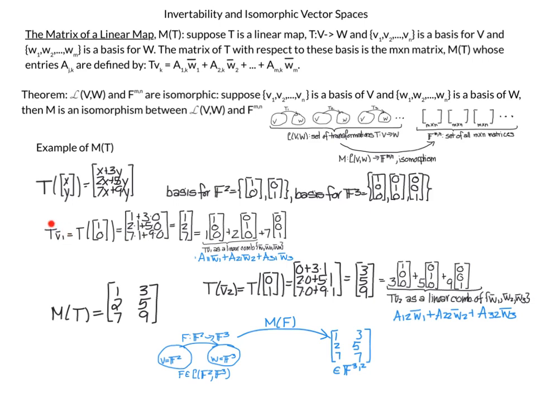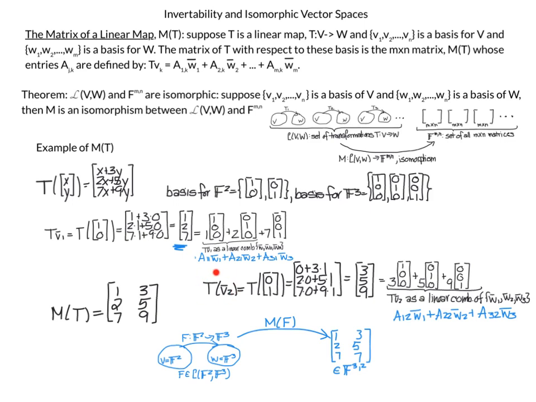We applied our transformation to our first basis vector, (1, 0), and we get the vector (1, 2, 7). In our previous video, I showed you that this can also be written as a linear combination of the basis of our new space, F3: 1 times our first basis vector, 2 times our second basis vector, and 7 times our last basis vector.